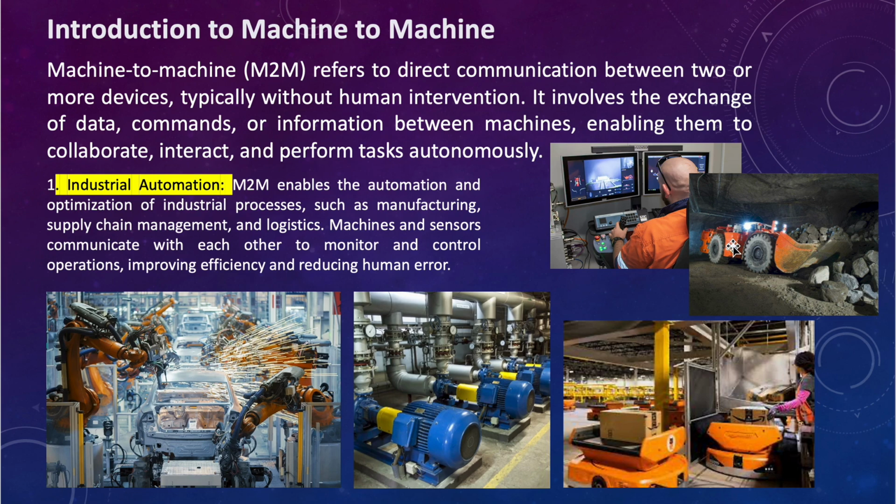When we start talking about machine to machine, right, from the definition itself we could see that this looks similar to IoT. So again, M2M as a concept in the 21st century is similar to IoT, right?